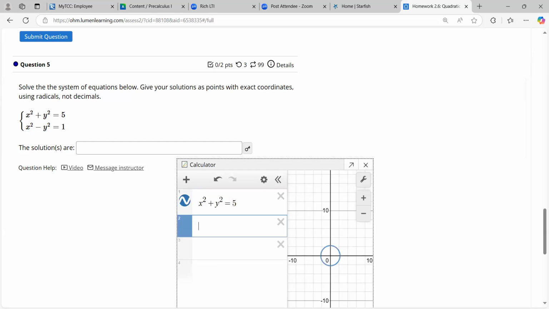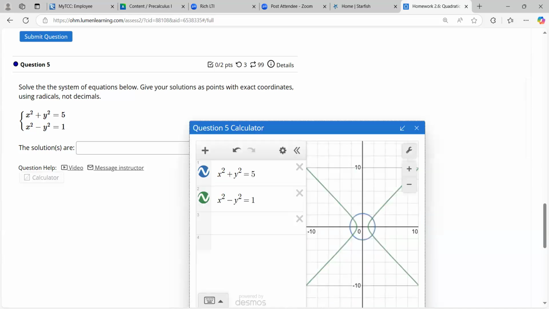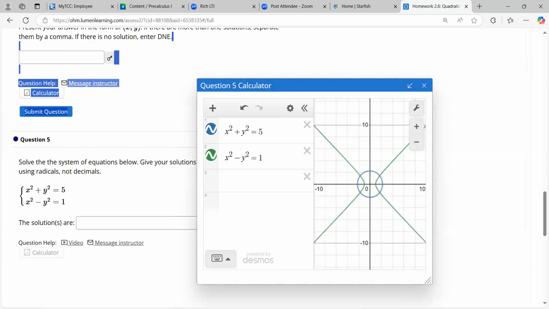And then you enter another equation, x squared minus y squared equals 1. It's a hyperbola, right? 2 branches. And you can see the solutions from the graph.